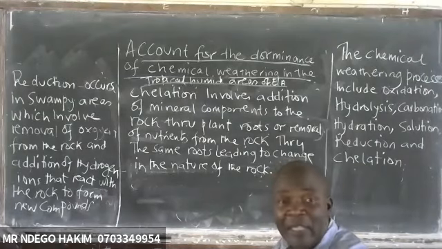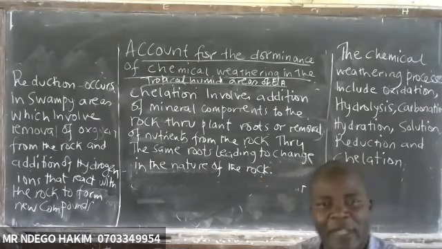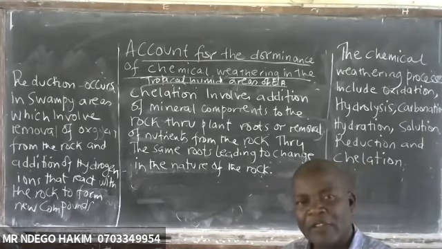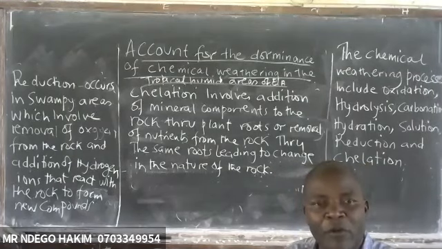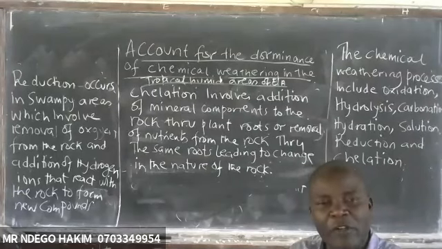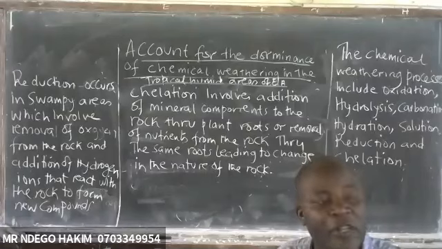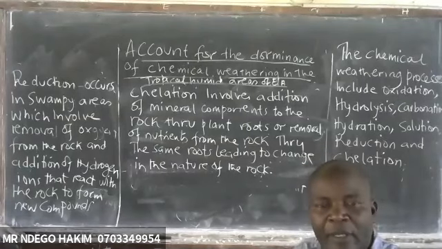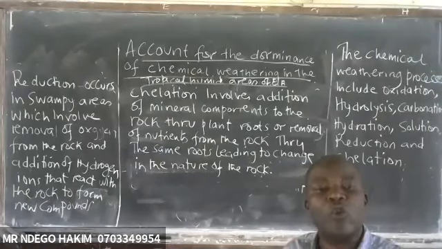And these are the factors that I'm going to explain to you. But when you are explaining a factor like rainfall, that the occurrence of chemical weathering is due to heavy rainfall, you say heavy rainfall provides water that reacts with mineral components in the rock, resulting in chemical weathering processes like carbonation, hydration, solution.